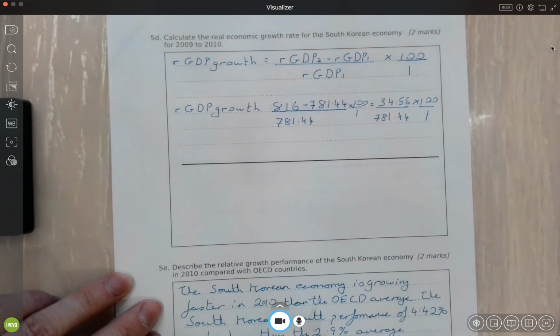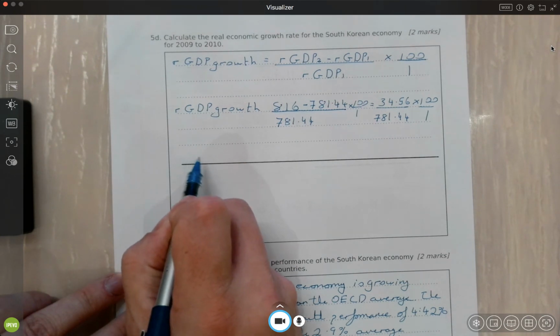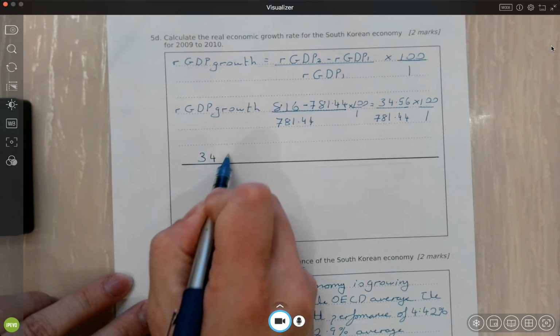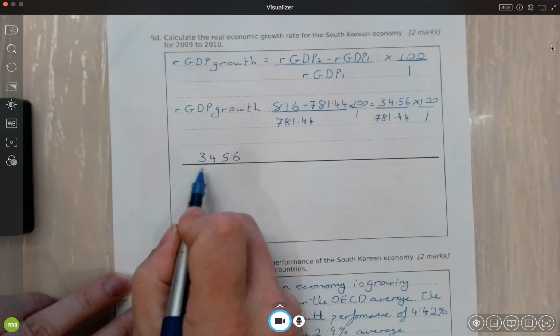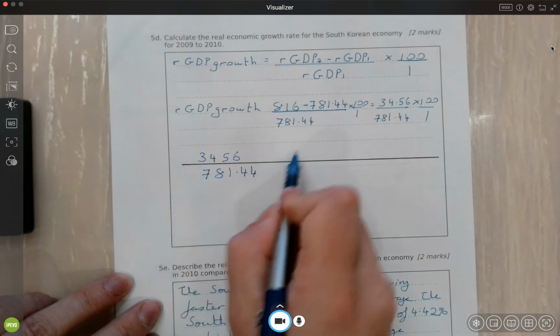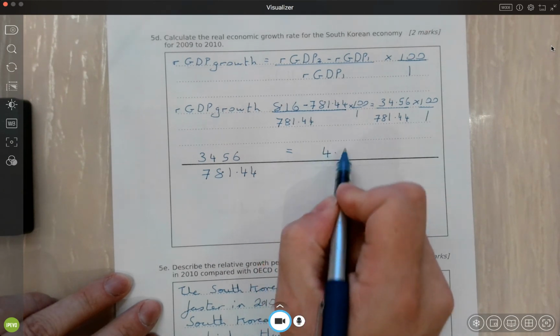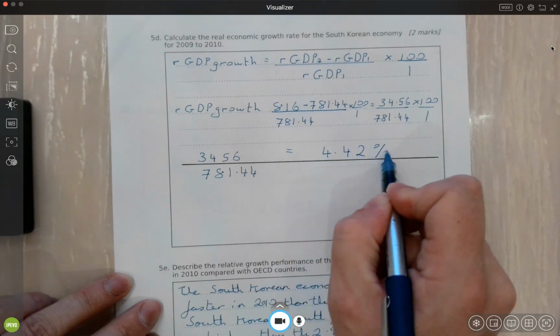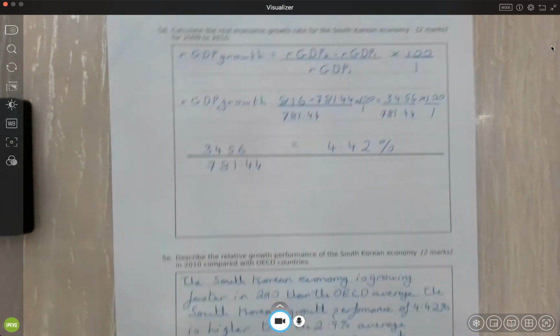Okay, and what that then equals is 3456, just moving the decimal point 2 places, divided by 781.44, and what that actually equals as a percentage, rounded to 2 decimal places, is 4.42%. Okay, and there's our answer there.